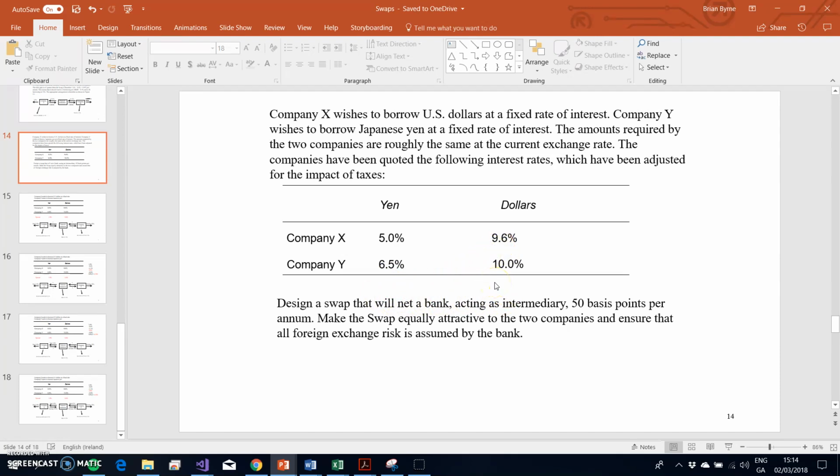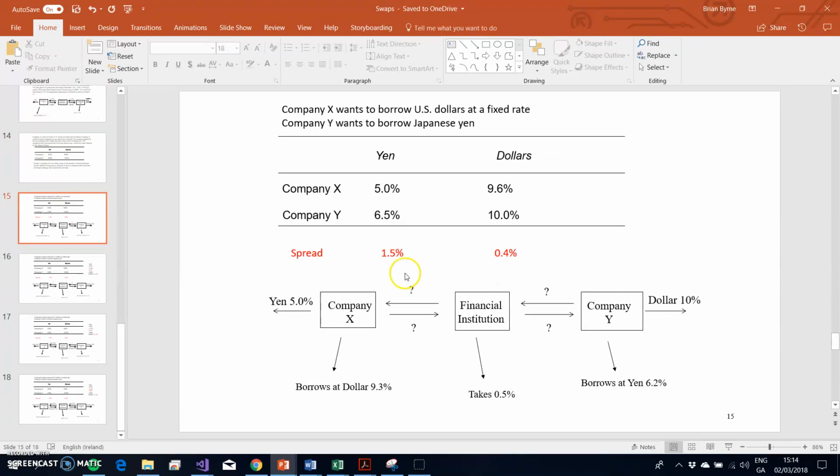What the swaps contract allows us to do is to look at these spreads, look at the differential in the spreads, and to say, okay, we can structure a swap where each of the counterparties can benefit from borrowing at the rate that they have a comparative advantage in. So again, the same discussion as before applies here.